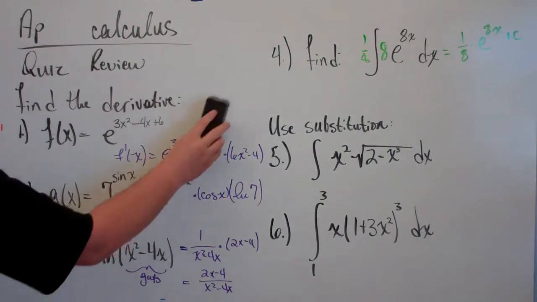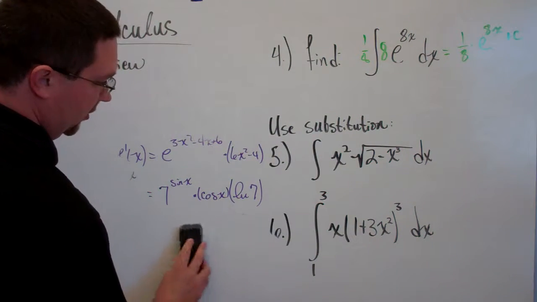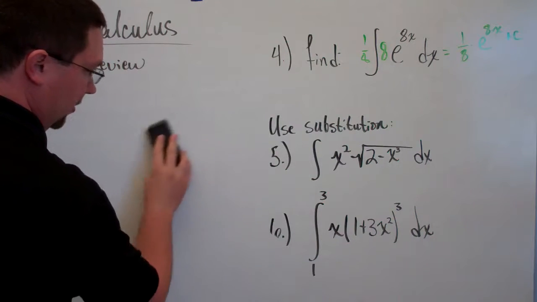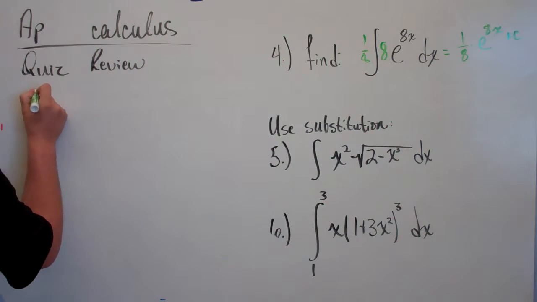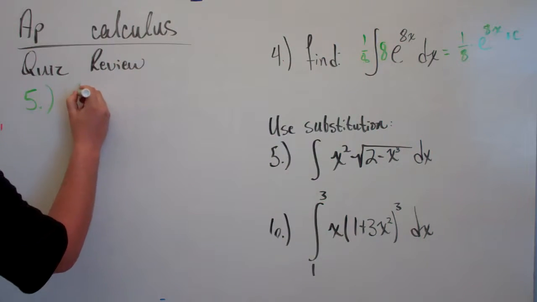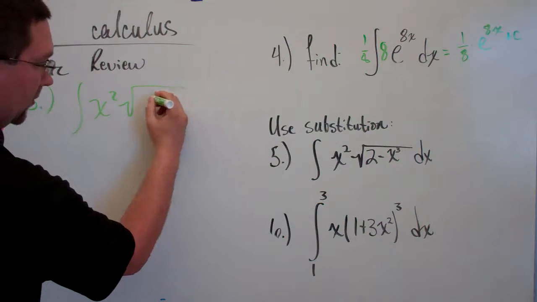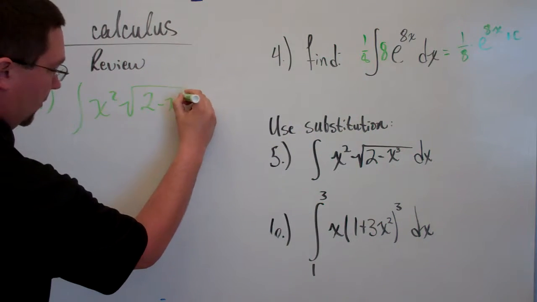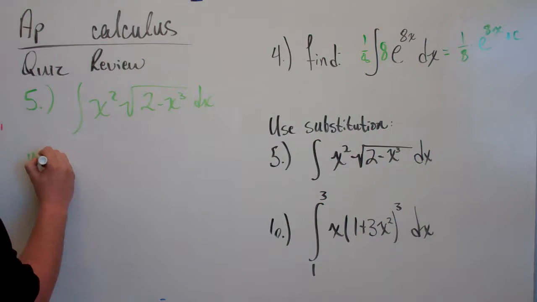Now let's look at number 5. I'm going to erase this so I have more room to write. Number 5. Alright, so first thing we want to do is identify u.